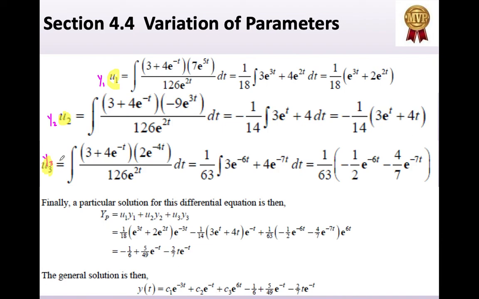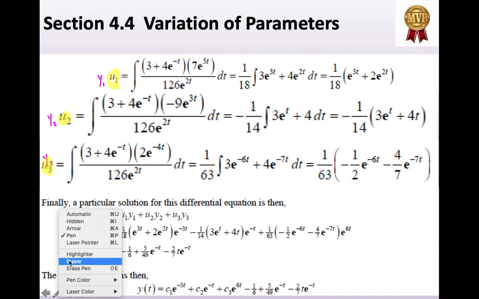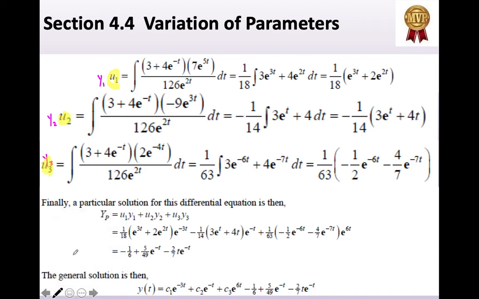And that's what you end up getting, right? So here you can see here's u of 1 times y sub 1, u of 2 times y sub 2, and u of 3 times y sub 3. Simplified fairly nicely, just annoyingly.